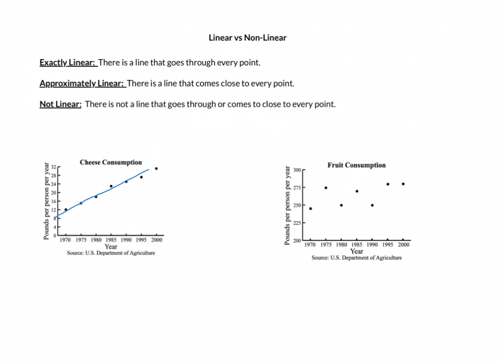It may not go through every single one of them, but there is an approximately linear relationship between this. On the homework, you'll just go ahead and say that it does represent linear. Now, for the fruit consumption, if we look at this, our points are all over the place. So this is an example of not linear.